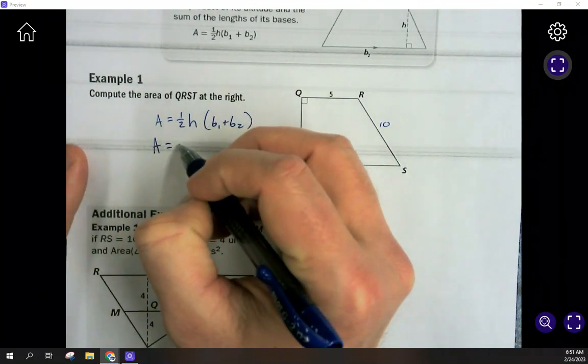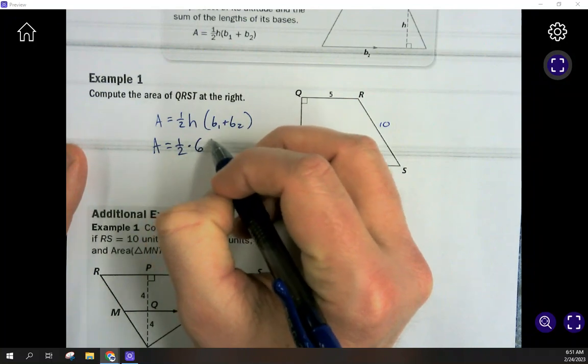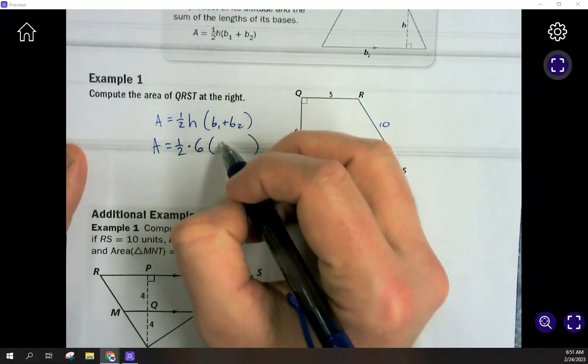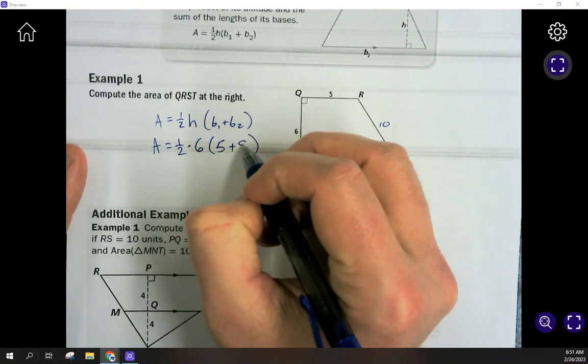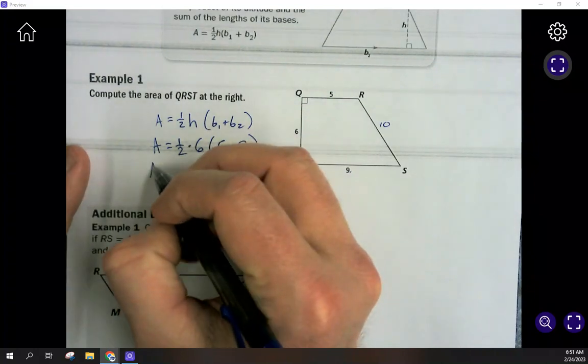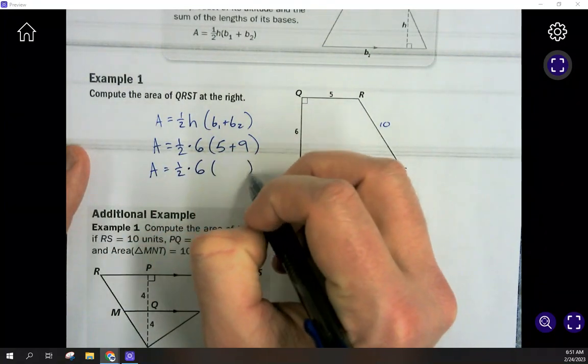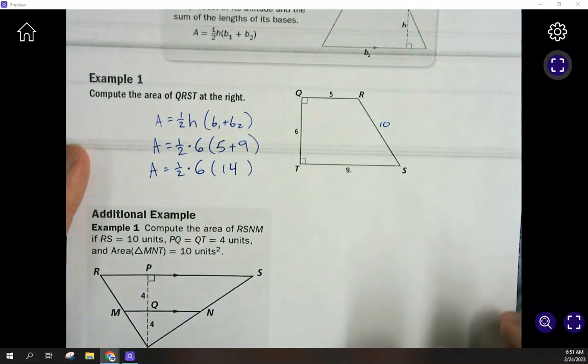So plugging this all in first, height is 6. And base 1 plus base 2, I'm just going to drop them in here right now. The order that you put them in, you could say 9 plus 5 or 5 plus 9, doesn't matter because we're adding them together. So the first step technically is to complete the inside of the parentheses.